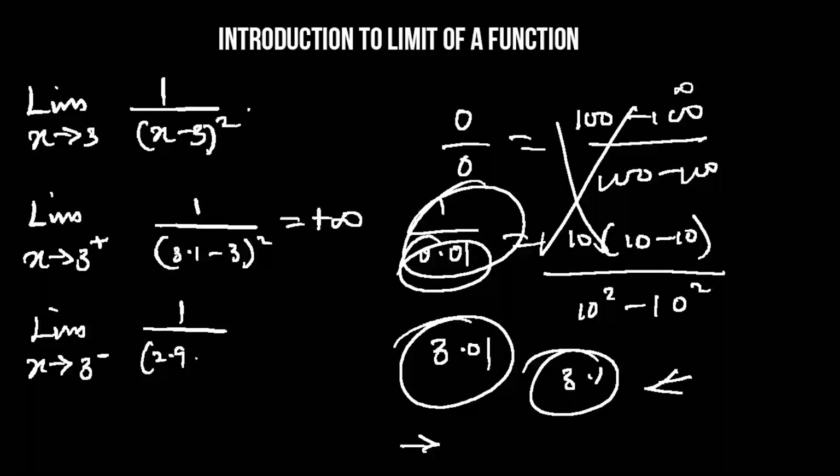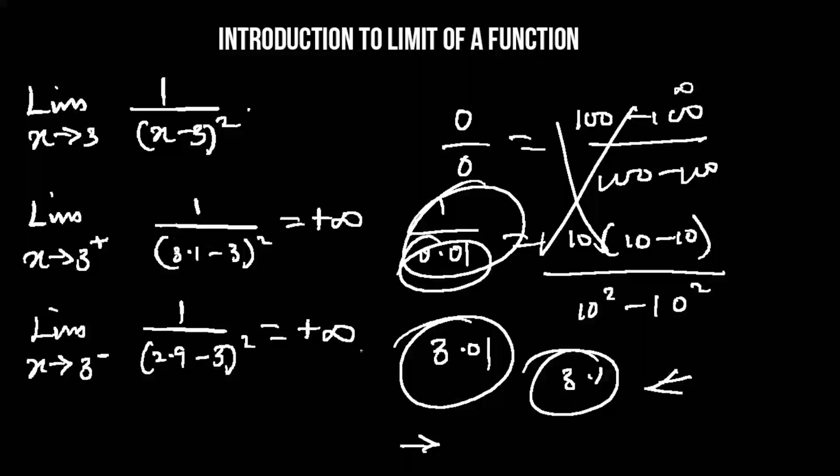So this is 2.9 minus 3, squared, right? So 2.9 minus 3 will give me negative 0.1. Of course, if I square it, it becomes positive 0.01, which is like what we have initially. Obviously, that means this is also tending to positive infinity.